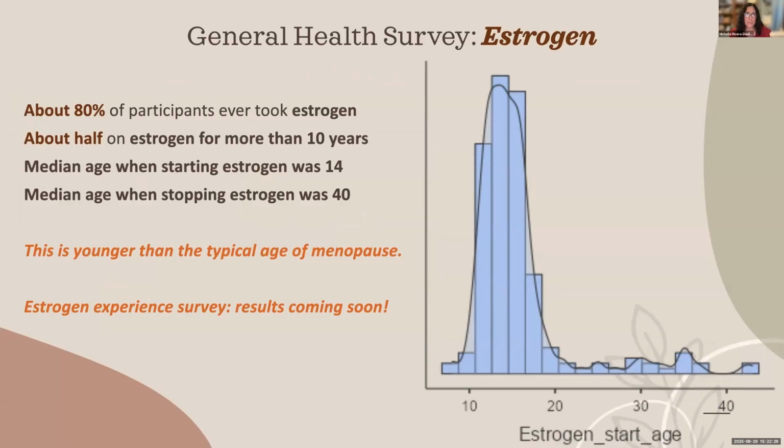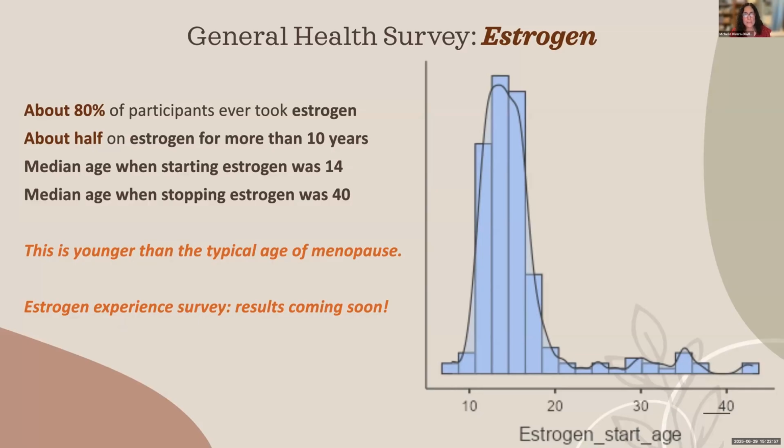About 80% of the participants indicated that they had taken estrogen at some point in their lives. About half were on estrogen for more than 10 years. Interestingly, we did see that the median age of initiation of estrogen therapy was around 14, which is older than what our current guidelines would recommend, but this might represent an older population answering these questions. So I think we'll hopefully see this number decrease over time.